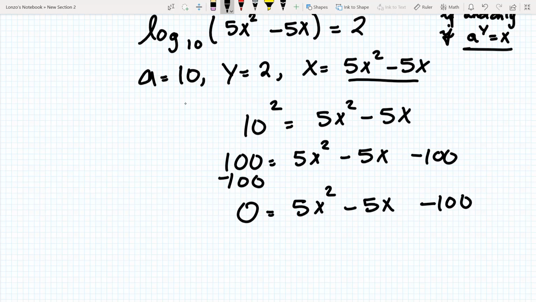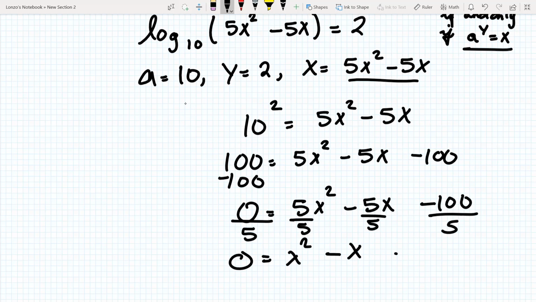Before we factor, I'm going to get rid of these 5s by dividing everything by 5, right? So this would be 0 equals x squared, and then negative 5x over 5 is negative x, minus 100 over 5 is negative 20.